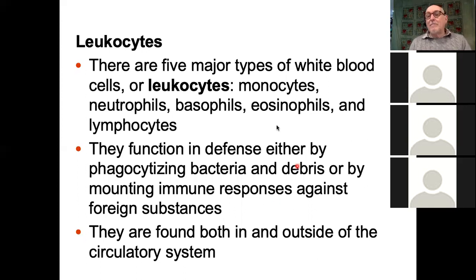But there are 5 major kinds of leukocytes, and each group has distinct functions and distinct physiology, and they are primarily responsible for surveying the body, surveying all of the tissues, and checking for various things.